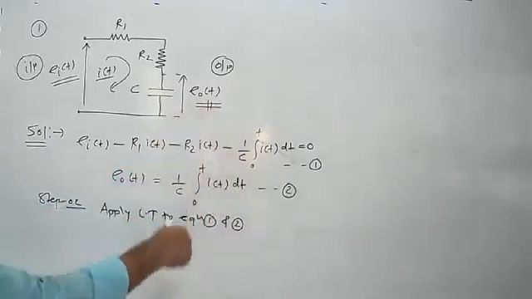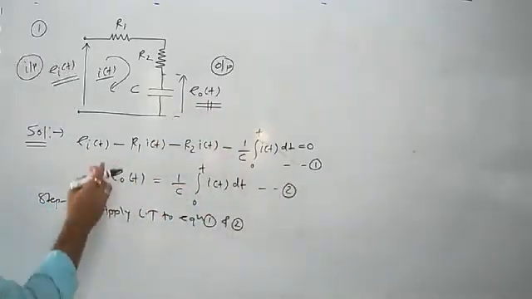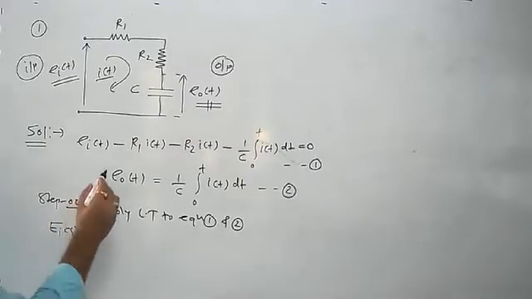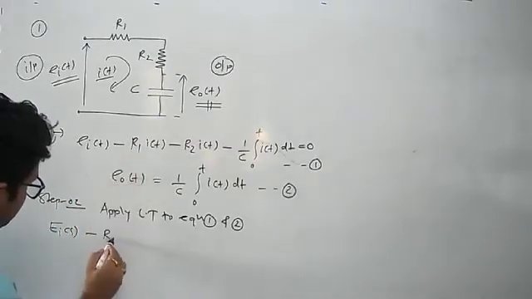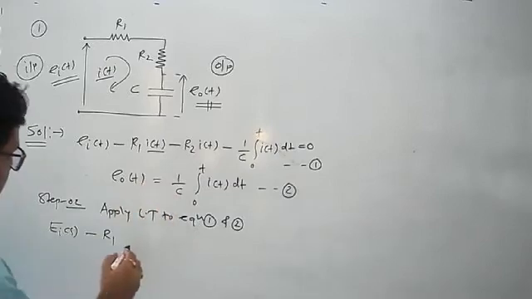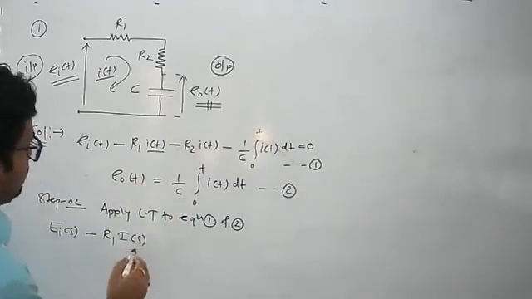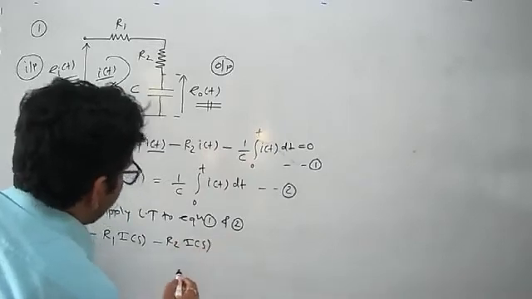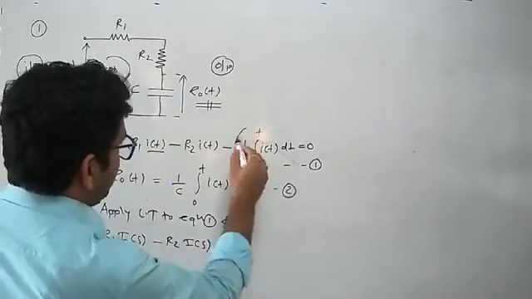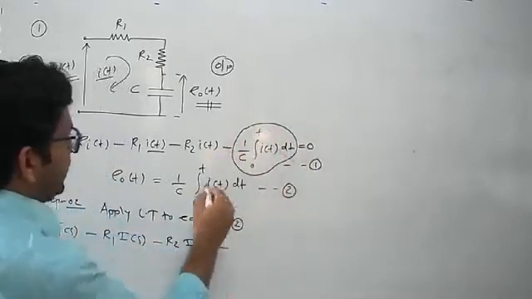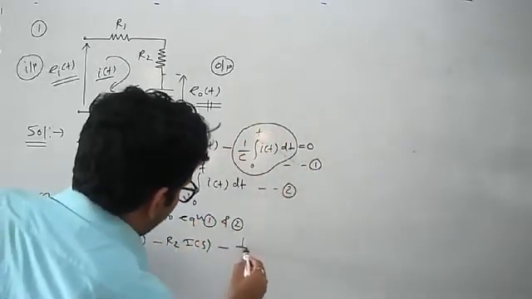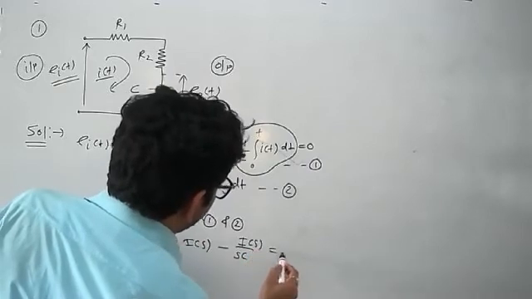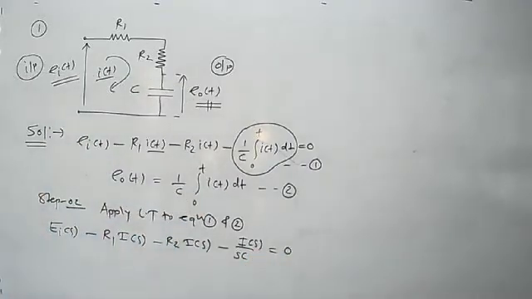So if you apply Laplace transform to equation number 1, I can write here capital Ei of s minus R1 into capital I of s minus R2 into capital I of s minus, if you apply Laplace transform to this particular term, it is going to be 1 upon s into C into I of s, that is going to be equal to 0.